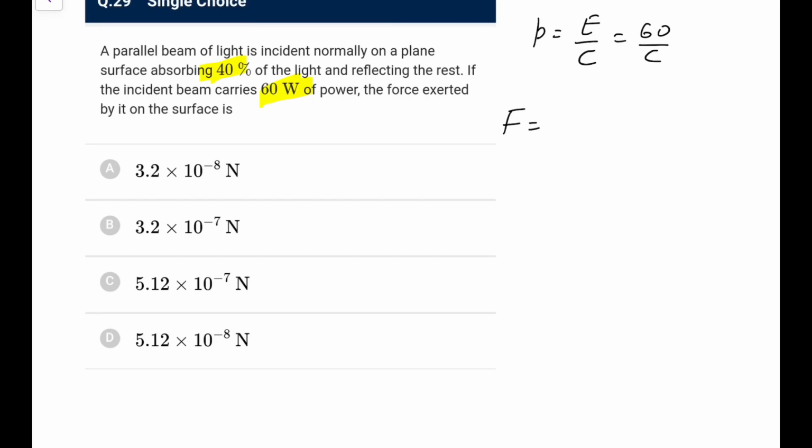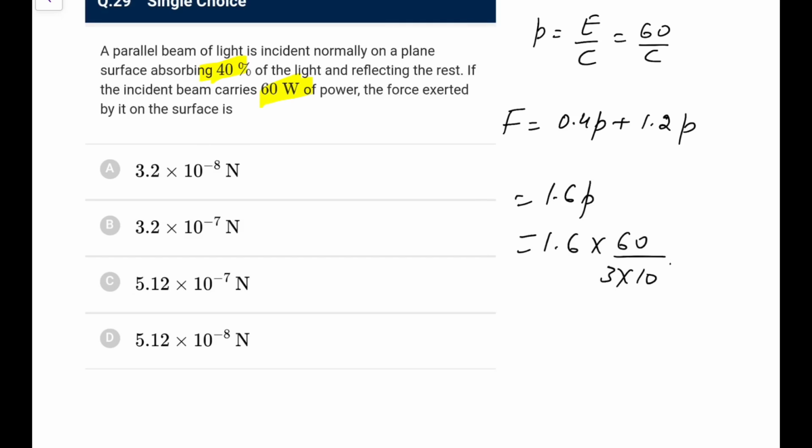For the one which is getting absorbed, that is 40%, it would be 0.4 P of this, and for the 60% reflected, it would be double, because in reflection the change in momentum would be double. So it would be 1.6 times P. So 1.6 into 60 upon 3 into 10 to the power 8. So this is 20 into 1.6, that is 32 into 10 to the power minus 8 I can go for. So 3.2 into 10 to the power minus 7 Newton you can write.